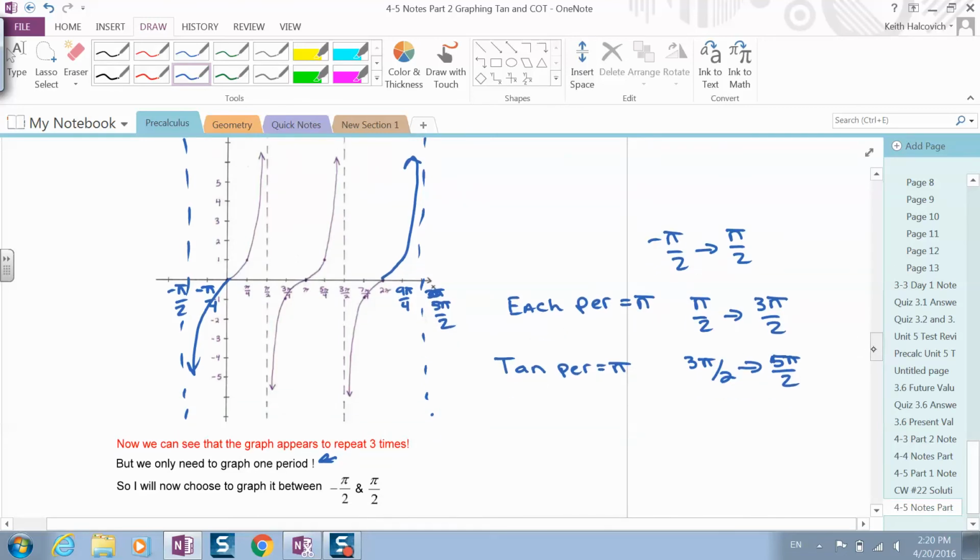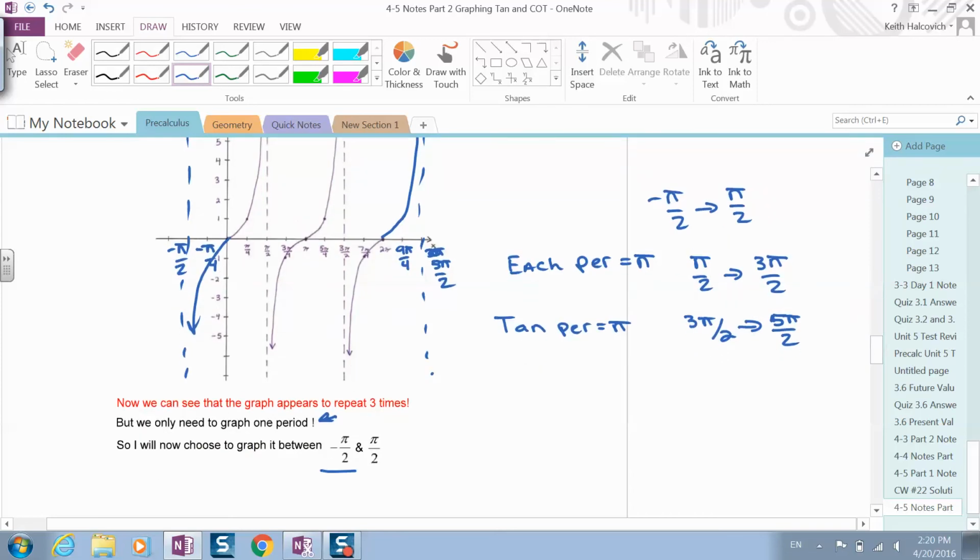When we graph one period, we're going to choose the period that includes 0. So to graph one period of tangent, we're actually going to graph between negative pi over 2 and positive pi over 2. That is going to give us one period of the tangent function. So basically, one graph would look like this period here.